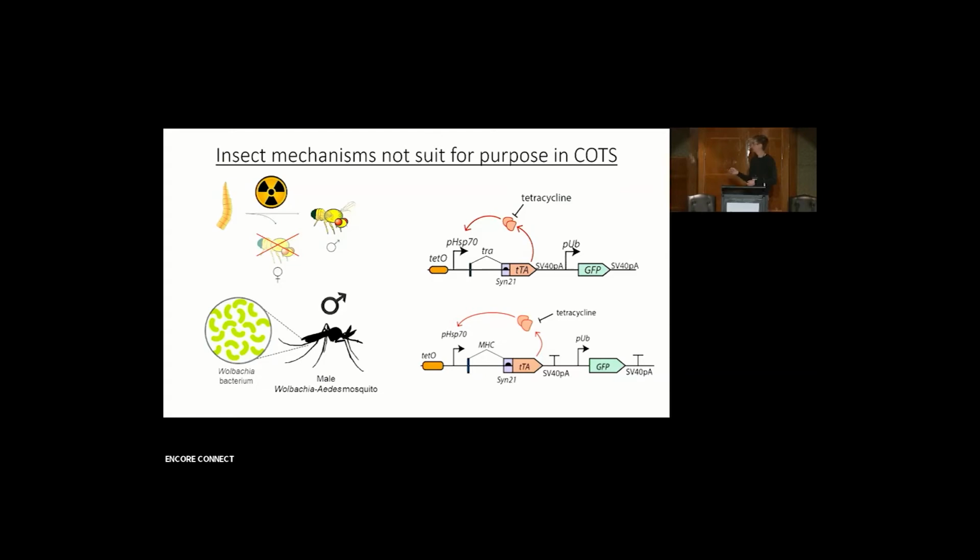And then there's a number of different genetic circuits out there that either can make all of the offspring die, or say only the female offspring die, or only the male offspring die.